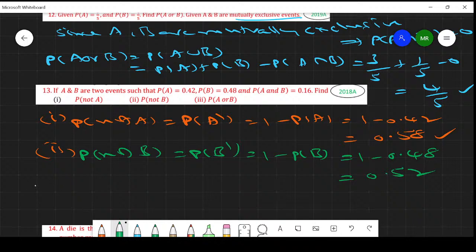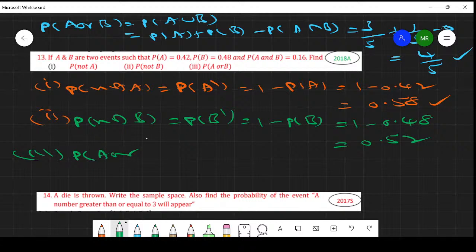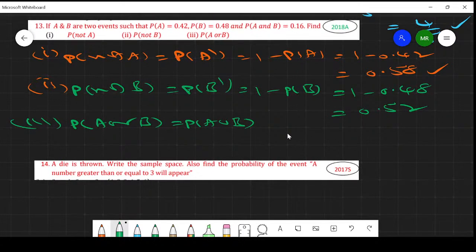Third one, P of A or B. We know that P of A or B means P of A union B. So P of A union B is P of A plus P of B minus P of A intersection B. P of A is given as 0.42, plus P of B, 0.48, minus P of A intersection B, which is given as 0.16.